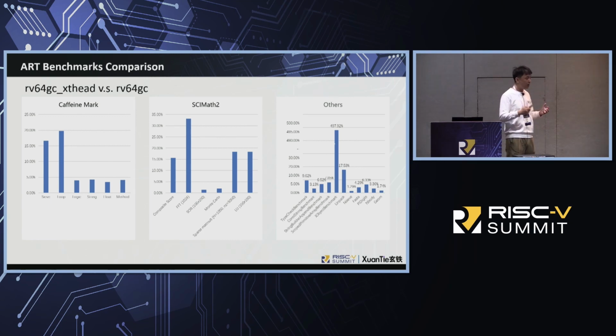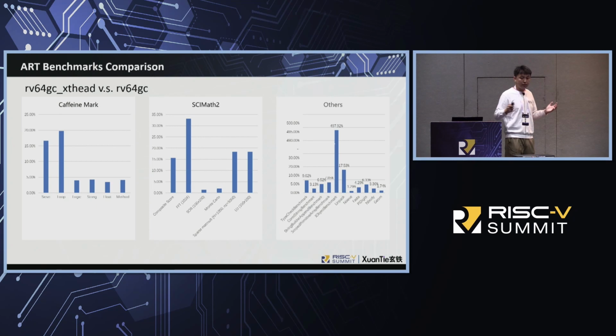That means ART is very sensitive to instruction design, especially on middle or low-end processors. A powerful instruction could help ART work much more efficiently. In CaffeineMark, we got about 20% improvement. In the scientific math library, we got more than 30% improvement. And in some other small benchmarks, we found 5 times improvement.